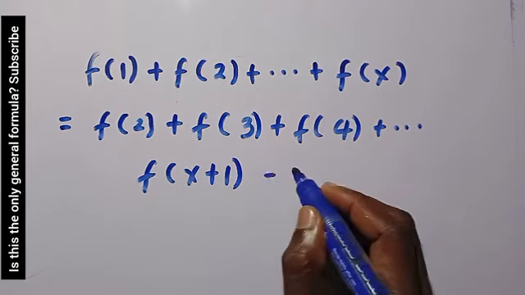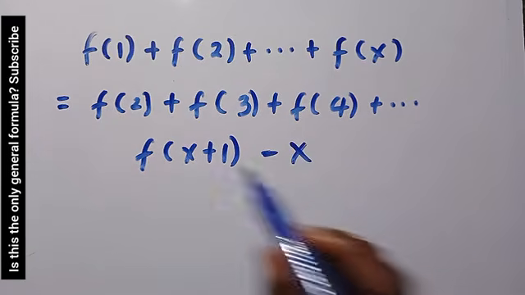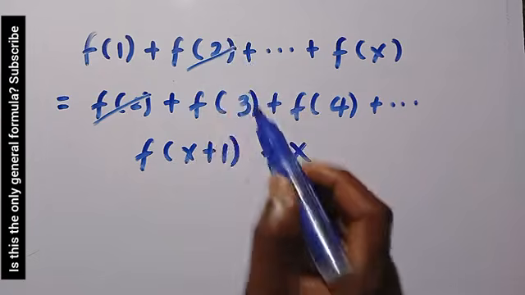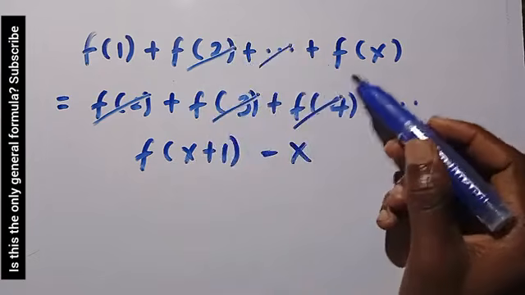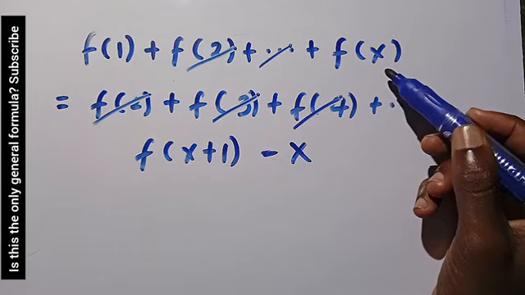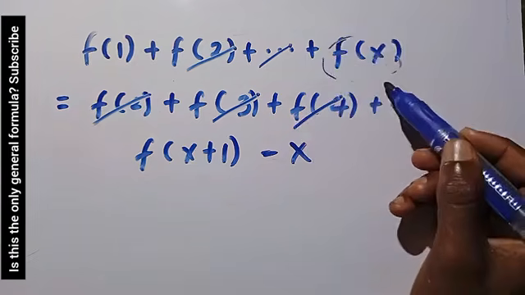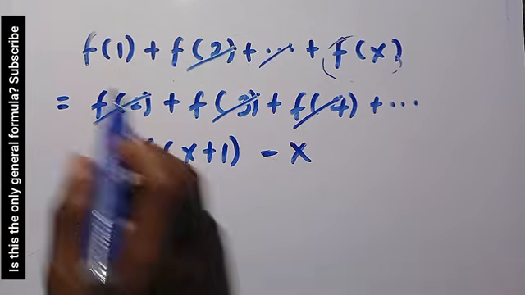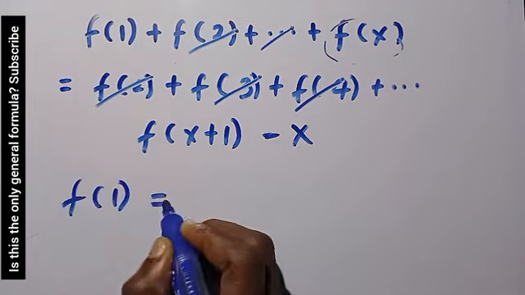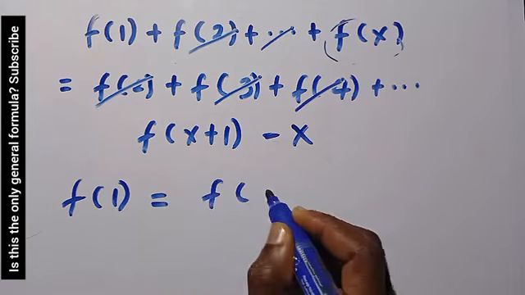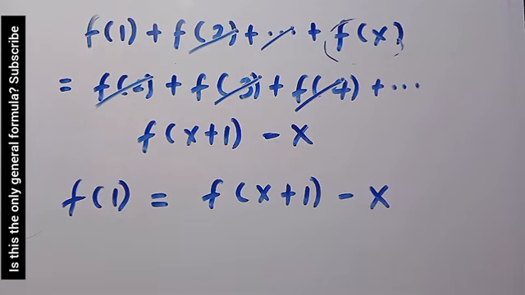Suppose I assume that the total equals minus x. Then from here, this cancels, this cancels the next one that will come, and this also cancels the next one that will come. And similarly, it also cancels f of x that will come later. Therefore, the only thing we have here is f of 1 equals f of x plus 1 minus x.